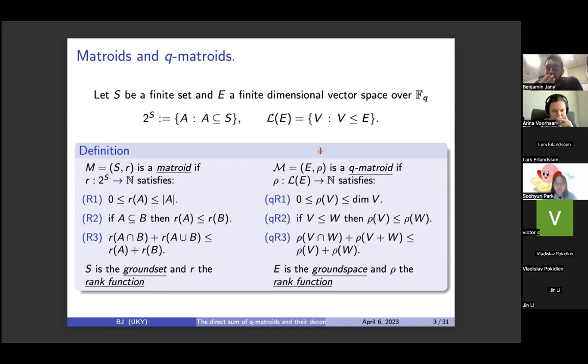Because one issue would be that the collection of subspaces won't be finite, right? And so then you might end up with more complicated proofs for certain statements or something like that.